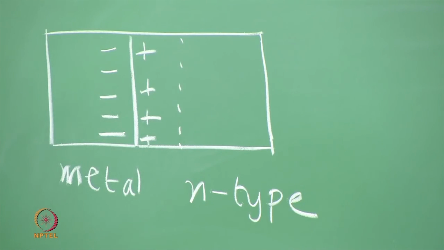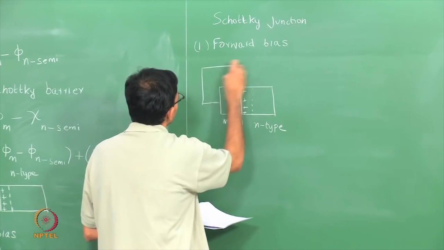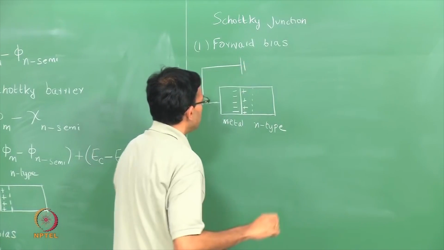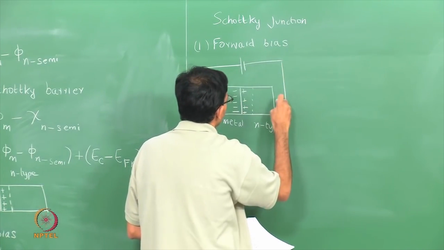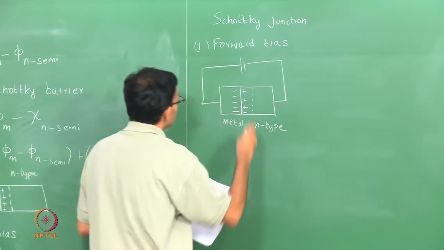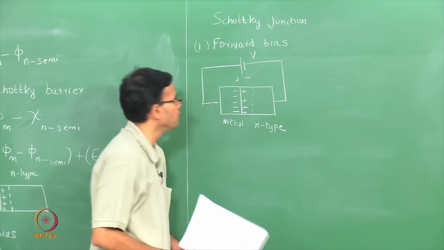So, in a forward bias, the metal is connected to the positive side and the semiconductor is connected to the negative side of an external potential. So, V is the external potential, this is positive, this is negative.